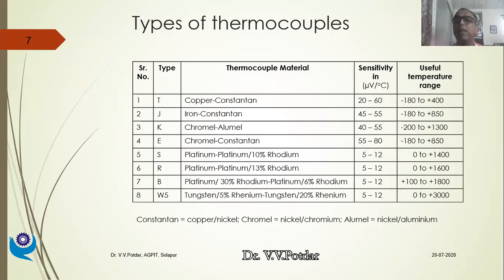There, I select the thermocouple which has lesser sensitivity. We have already studied what is meant by sensitivity. Now this T-type junction has a sensitivity of 20 to 60 microvolt per degree Celsius change, and the temperature range is minus 80 degrees to plus 400 degrees Celsius.